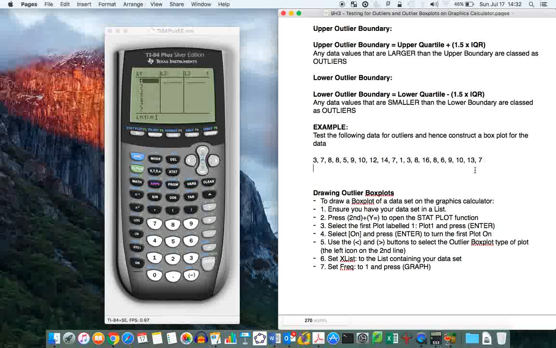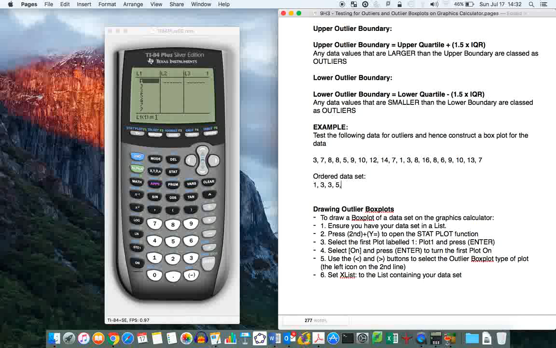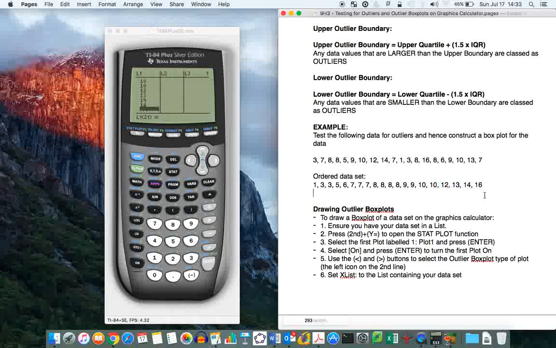So the ordered data set is 1, 3, 3, 5, 6, 7, 7, 7, 8, 8, 8, 8, 4 8s, 2 9s, 2 10s, 1 12, 1 13, 1 14, 1 16. Hopefully that's 20. Yeah, it's the same one. Okay, so the ordered data set is there.